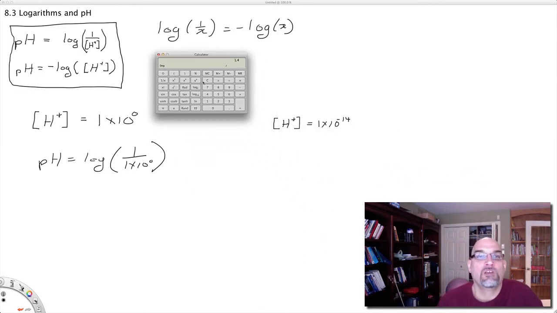So I'll give you an example. Let's say I do 1 divided by 25, so that's 1 over 25, and then take the log of that. Notice it's negative 1.4. So that was 1 over 25. So what if I take the log of 25? Well, I get 1.4.